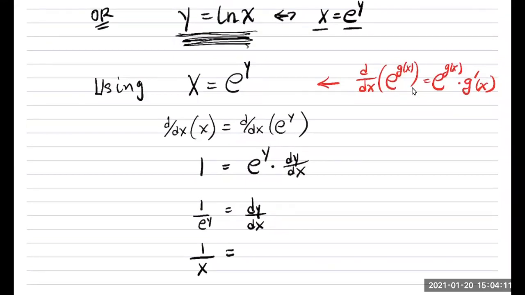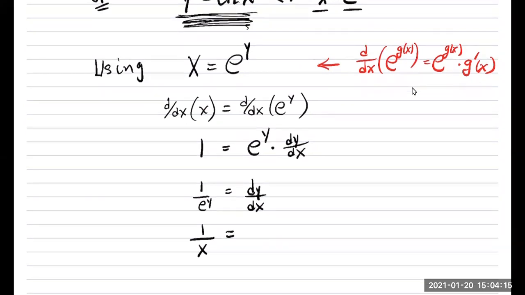So I'm going to replace the letter y with that symbol on the right-hand side. Okay? So in other words, gang, the derivative of the natural logarithm of x is the reciprocal of x. Said another way, the derivative of ln of x is 1 over x.